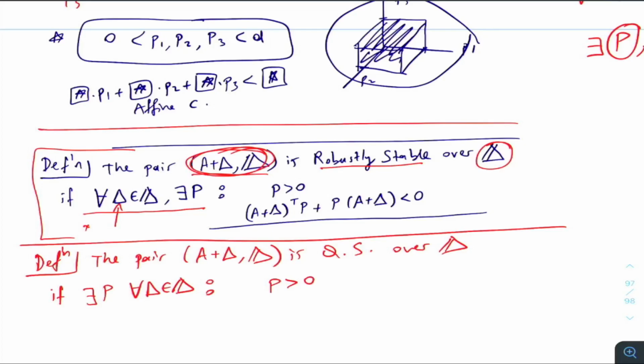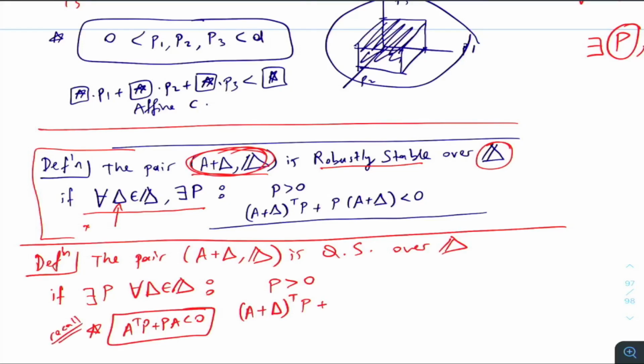P is positive and (A plus delta) transpose times P, remember, it is like this, right? Now recall, plus P times (A plus delta) less than 0.